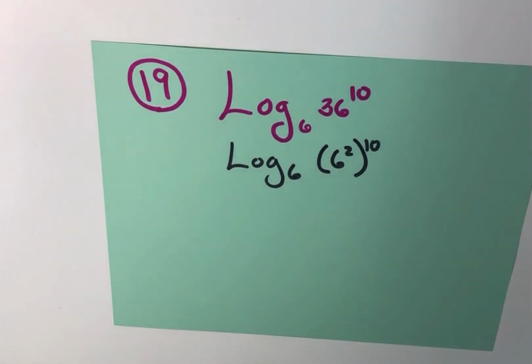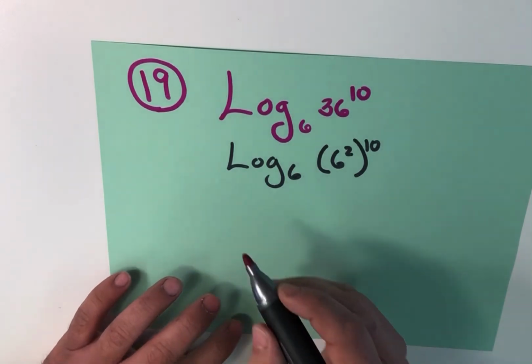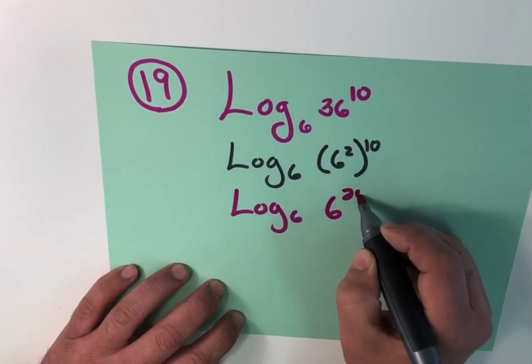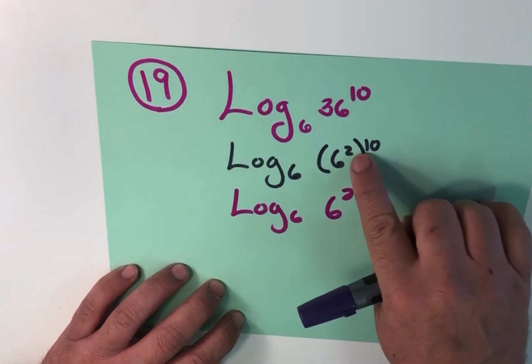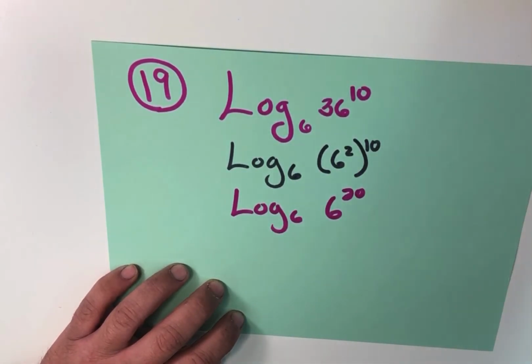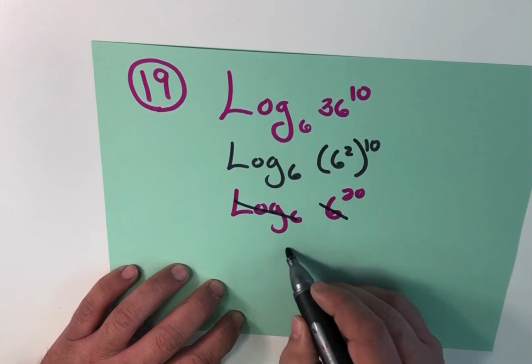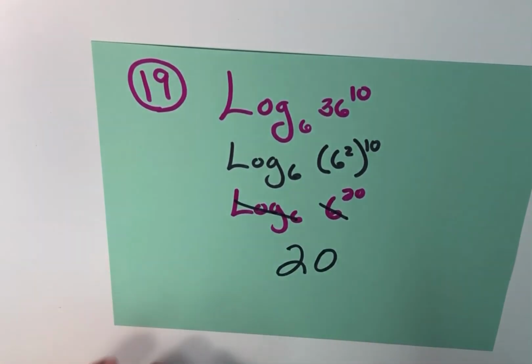Therefore, I am now going to use the power rule yet again, and I'm going to rewrite it as log base 6 of 6 to the 20. The power rule says that you shall multiply these here, which I just did. Now I notice that both of my bases are the same, so I can cancel the log base 6 with the exponential base 6, and my answer is 20.